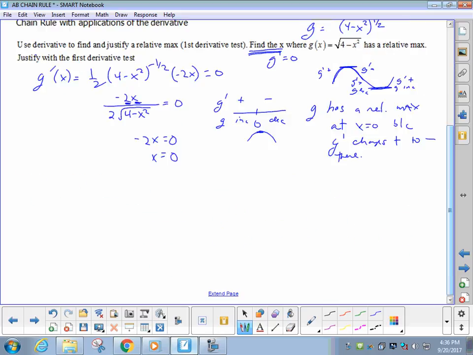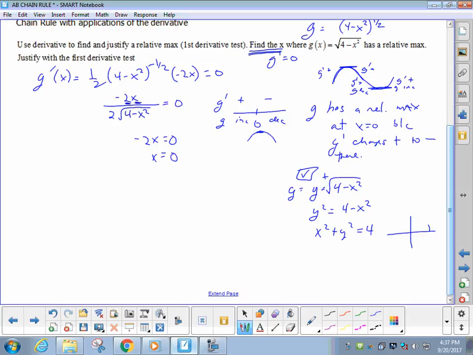Just to verify, I hope that you know what the graph of this looks like. If I replace g with y equals root 4 minus x squared, this should, with a little work, be a well-known graph. We know that this is a circle, but only the top half because it's a positive y value for the root only.